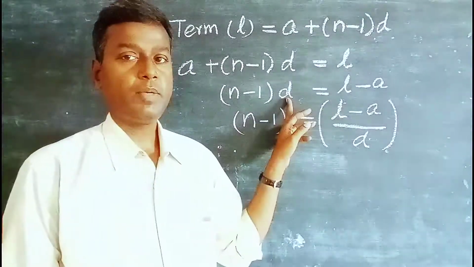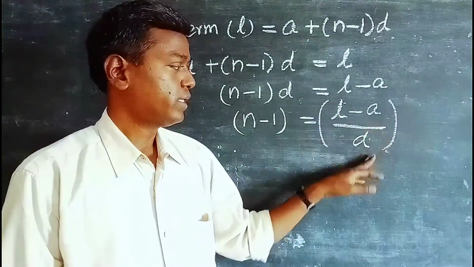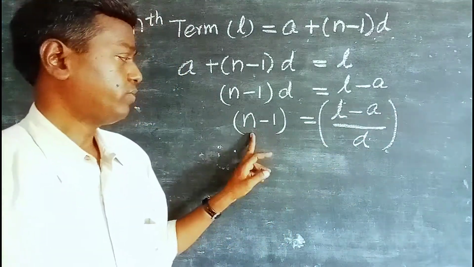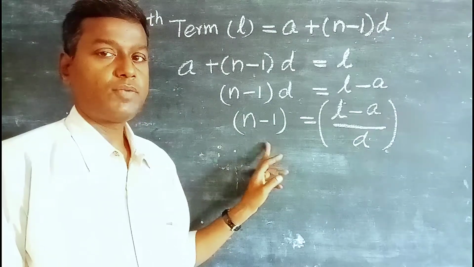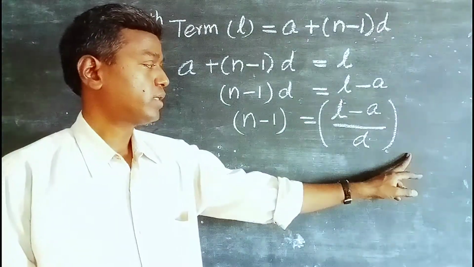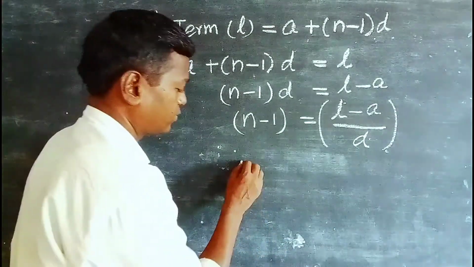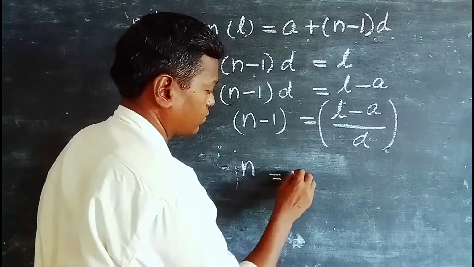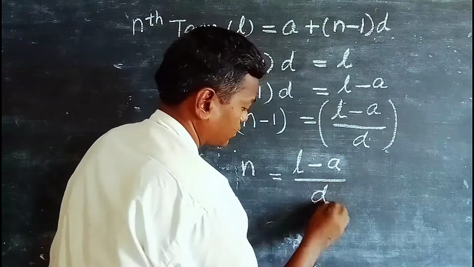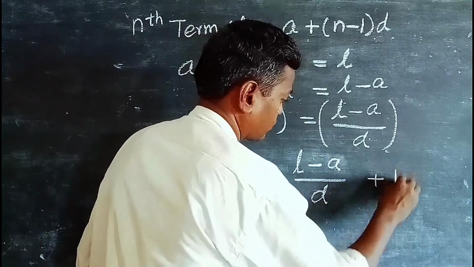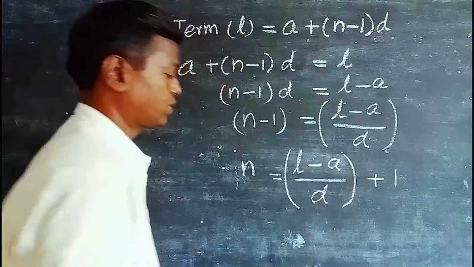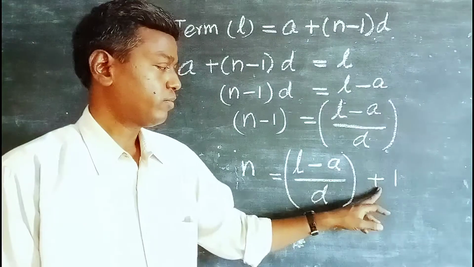So D is in multiplication here, that goes to the right side in division, (L minus A) by D. Next we want only the n value, the number of times value. So keep the n value here, minus 1 goes to the right side, that becomes plus 1.